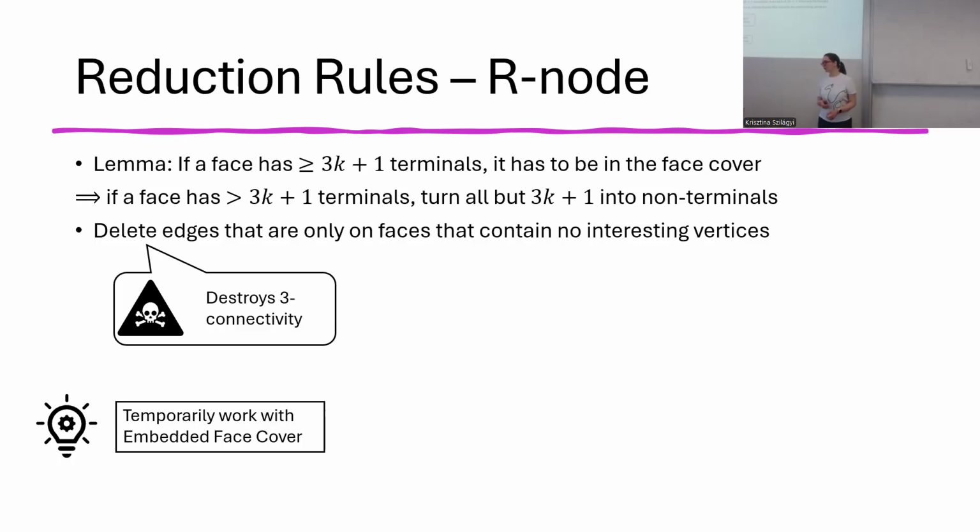How do we overcome this problem? We temporarily work with this embedded face cover. Namely, we treat this problem as the face cover problem where we are given a graph with its embedding, and we are not allowed to change this embedding. We just want to compute the best face cover in this fixed embedding.